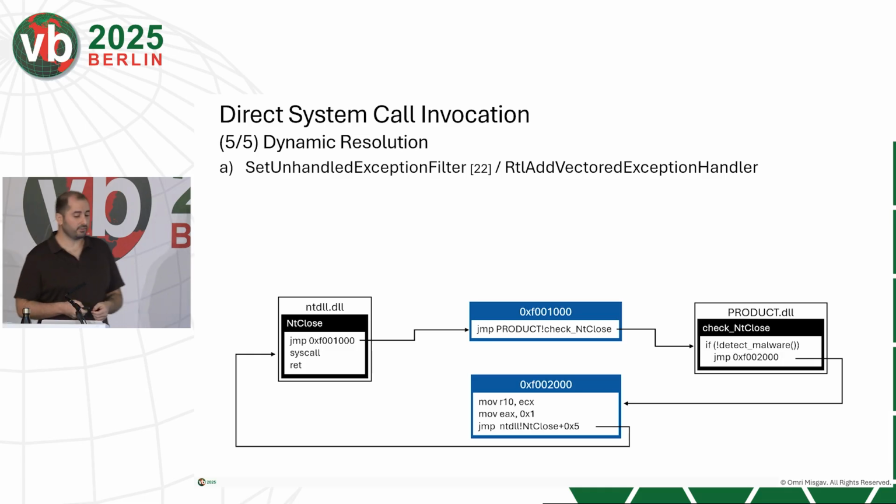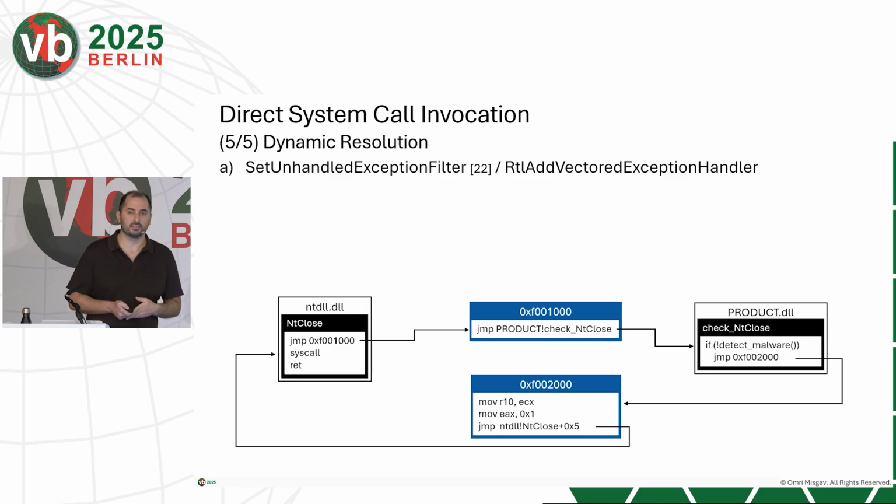The last technique here is called dynamic resolution. Instead of doing a lot of complicated parsing, or relying on having everything hard-coded beforehand, you can just try to resolve the index at runtime.